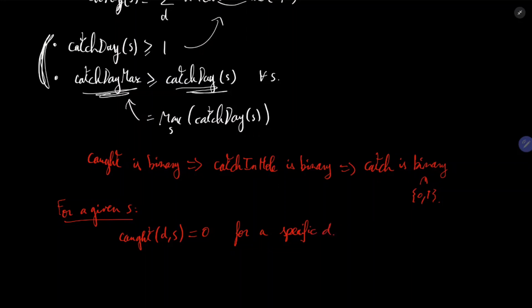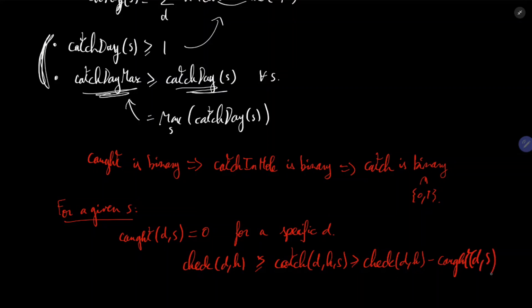Then in that case, we saw from the inequality above that catch DHS is between the bound check DH and check DH minus cut DS.